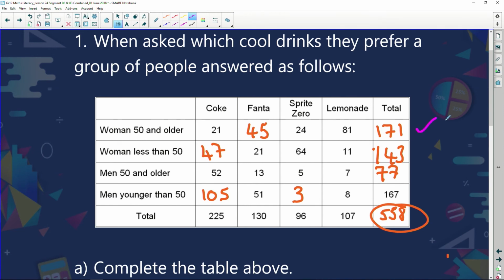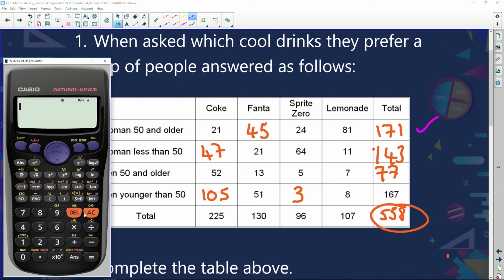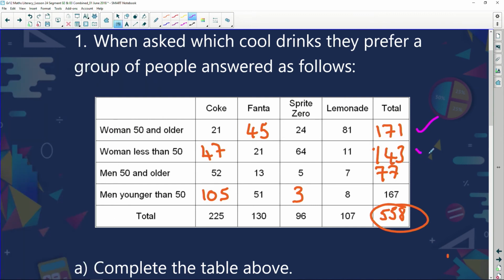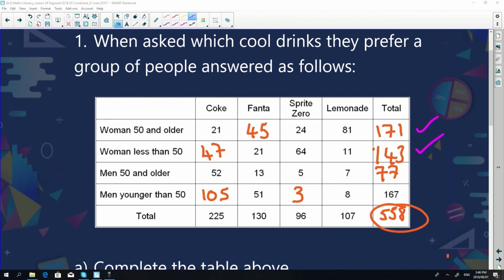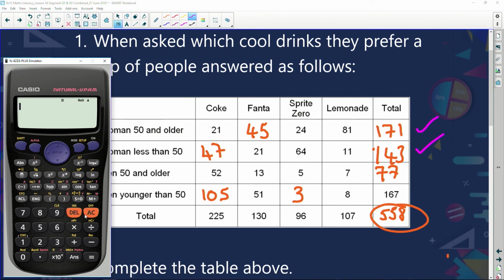Cool, that row is right. Let's check the next row. My next row, 47 plus 21 plus 64 plus 11, adds to 143. That's right as well. Then we want to see how many men we interviewed who were 50 years old and older.